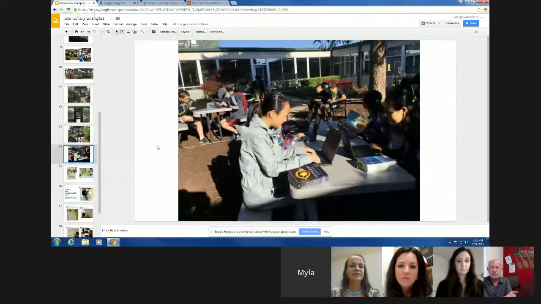And now this is a picture of other classrooms within the school using this courtyard. Up until then, it was not used. It was a place that all the students walked by, and they never used it, and now it's being used functionally.